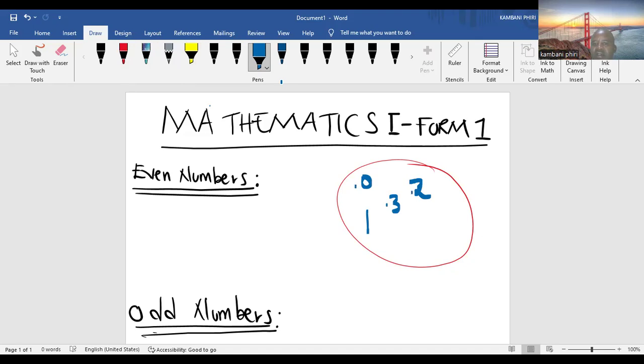Maybe I can even do this: 4, 5, 6, 7, 8, 9, 10, 11, 12, 13, 14. Since we are saying it's a set, we write them like this.